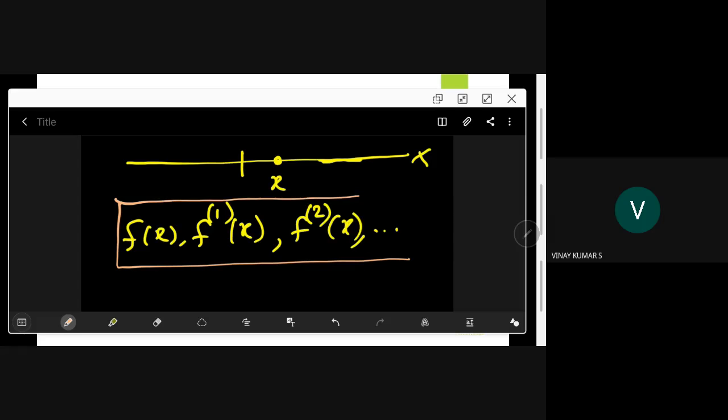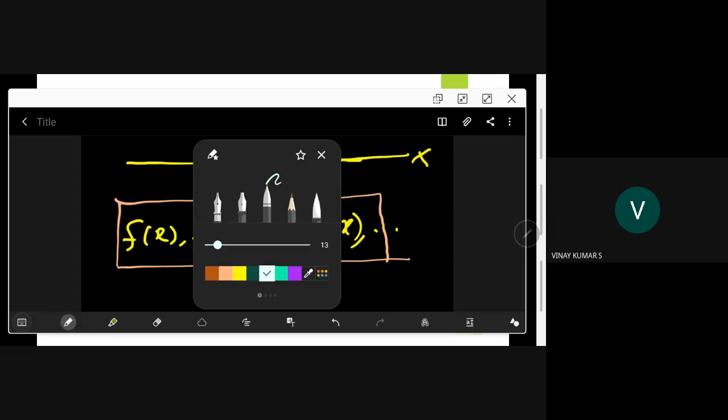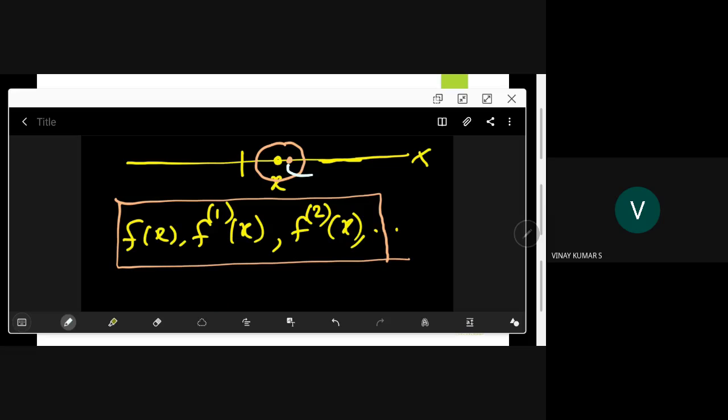It is a local one. Now suppose I want to know what is happening to f somewhere near in these surroundings. Say this point is x plus h. I want to know what is happening to f at x plus h.